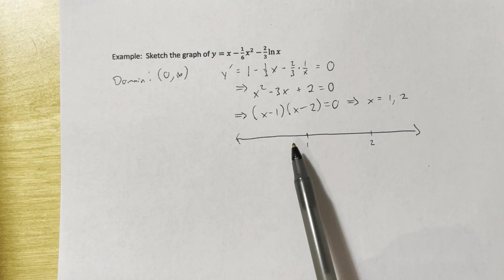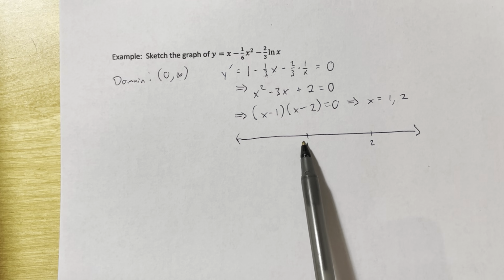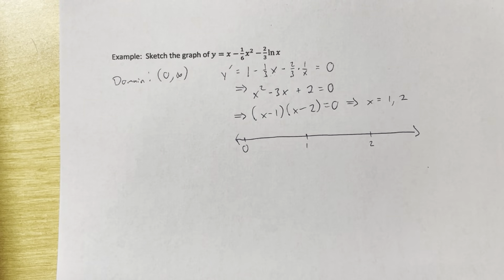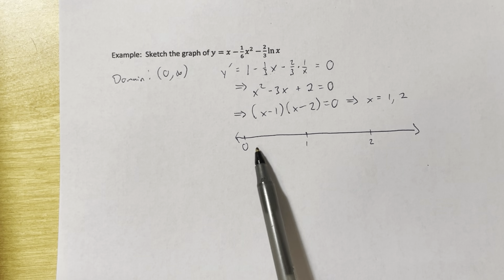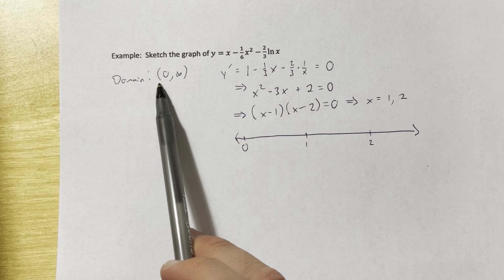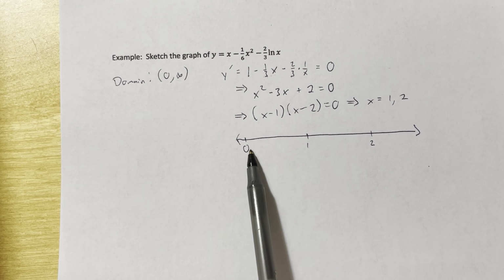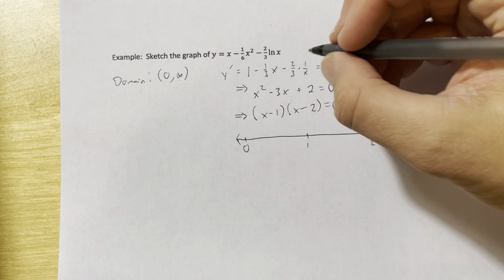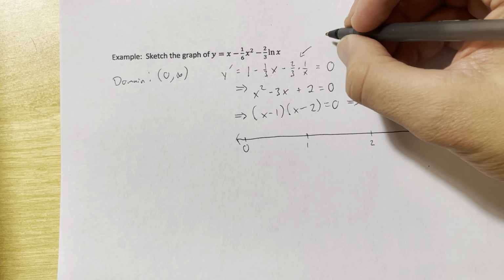I'm going to plug in something less than 1. I can't plug in 0 because I know that 0 is not even in the domain of this function, so I have to stay between 0 and 1. But I'm going to do a little bit more with this first.